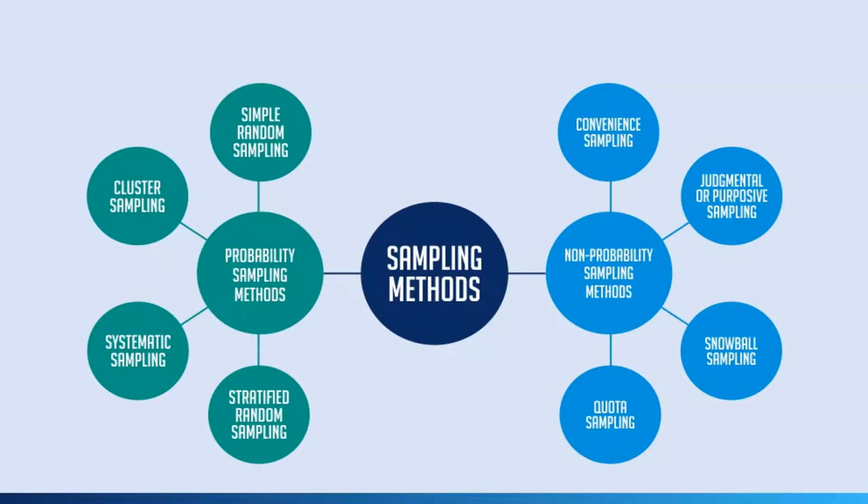This sampling technique can go on and on, just like a snowball, increasing in size until the researcher has enough data to analyze, to draw conclusive results that can help the school or the organization make informed decisions. That's why it's called snowball sampling.